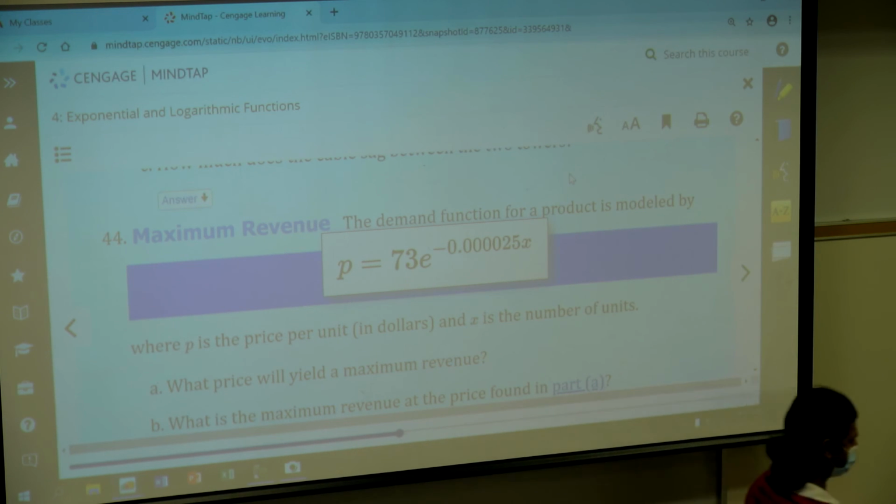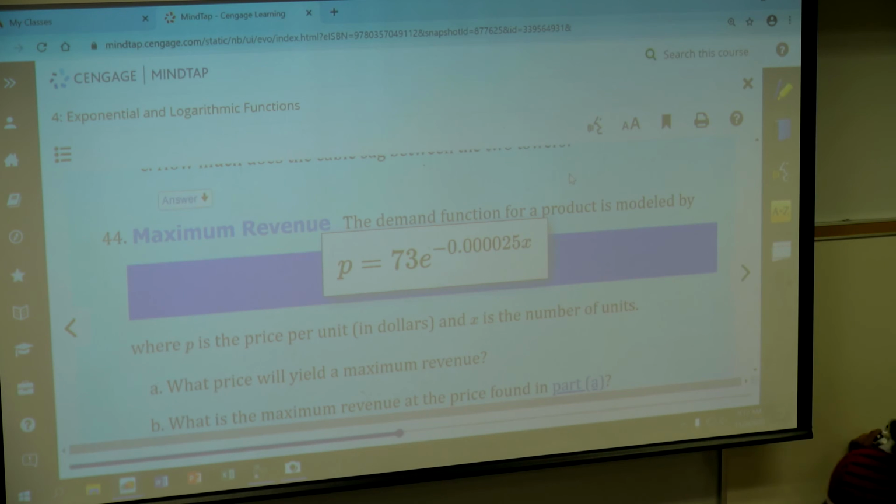How do we find the critical value, which will tell us if we have a maximum or minimum? What did we do with the price function? We set it equal to 0. Same thing.